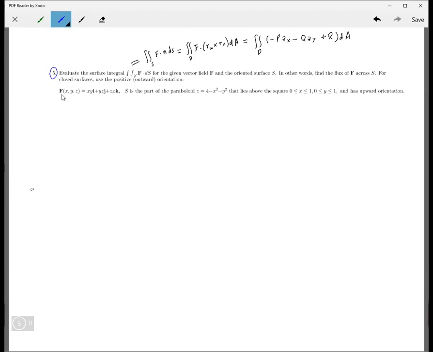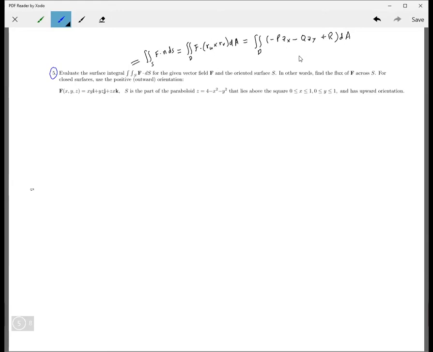Okay, so the first problem, here's the vector field, and S is the part of the paraboloid that lies above the square. This one's probably the most straightforward of all. Here's the formula right here. If you just have the surface and parametric equations, then you're going to use this one.